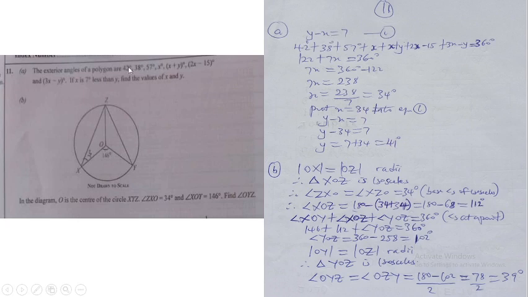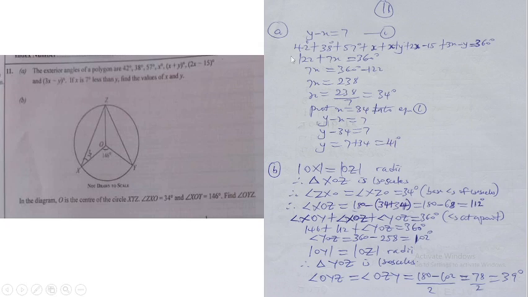Also, all these angles given to us are exterior angles of a polygon, and if we sum them together, it should give us something. We know that the sum of the exterior angles of a regular polygon is 360 degrees. That is, when I add all the exterior angles of a regular polygon together, it should give me 360 degrees.